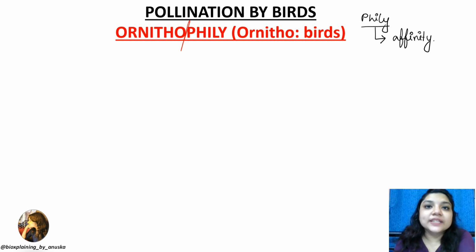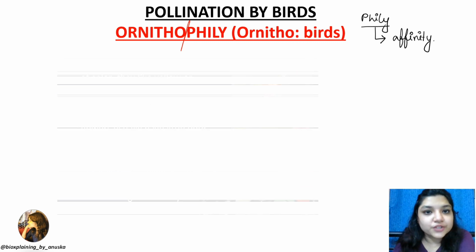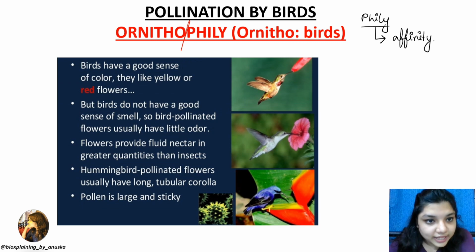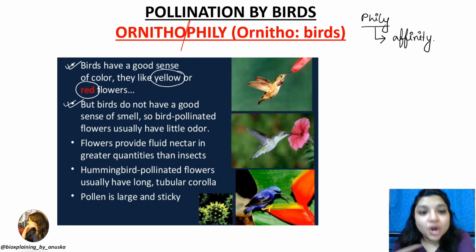So now let us have a look into the characteristics of such flowers. First thing is that birds have a very good sense of color. They like very colorful flowers. They like yellow colored flowers, red colored flowers, but birds do not have a good sense of smell. That means if a flower has to get pollinated by birds, it should have very bright colors.